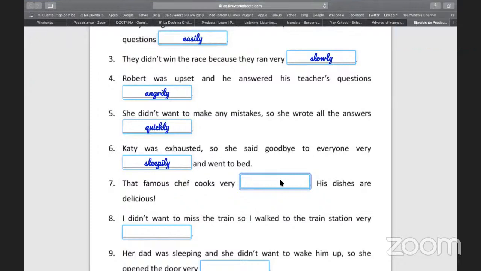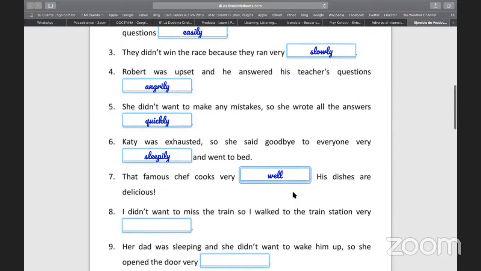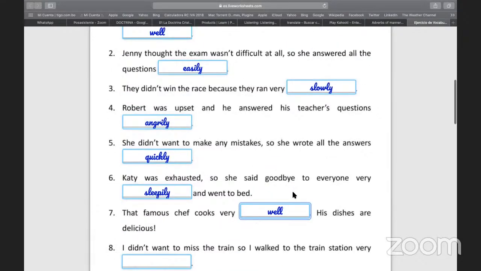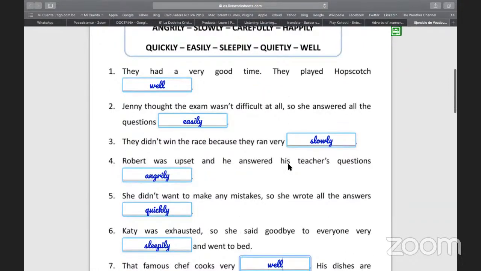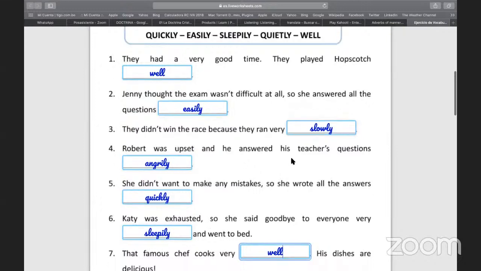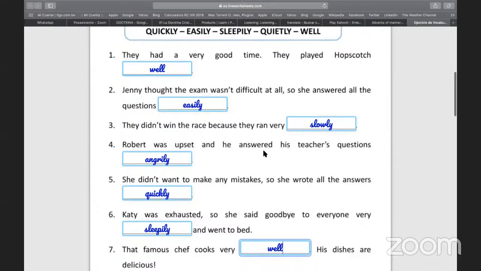All right, 1 minute left, guys. Number 8.